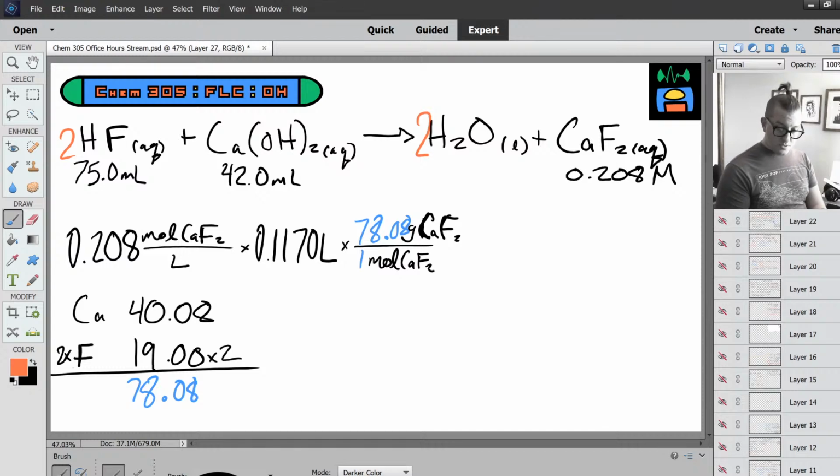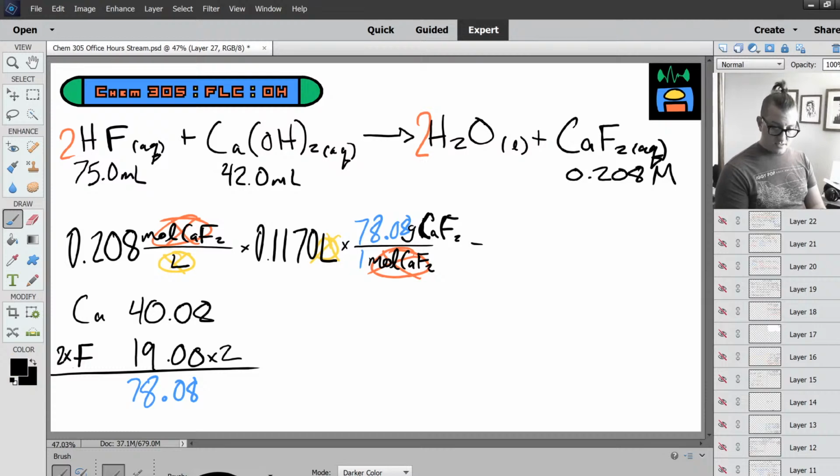Now moles calcium fluoride cancel. Liters cancel with liters. So we have 0.208 times 0.1170 times 78.08.